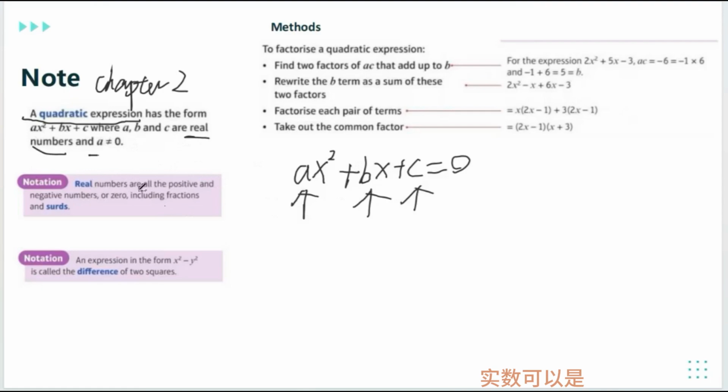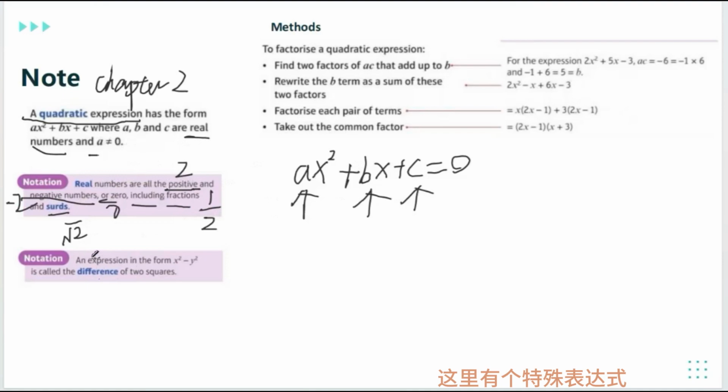The real numbers can be positive, negative, or 0, but a can't be 0. They can include fractions, like one half or one third, and maybe square root 2 will be okay.